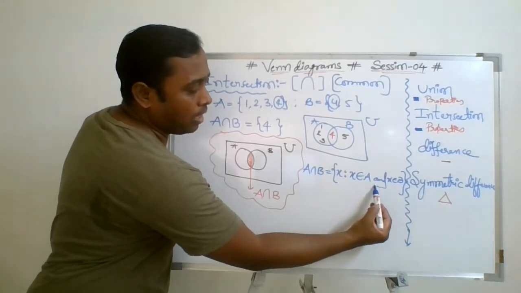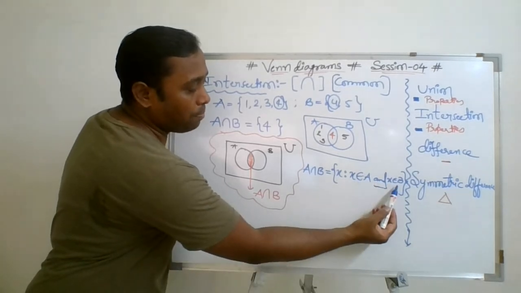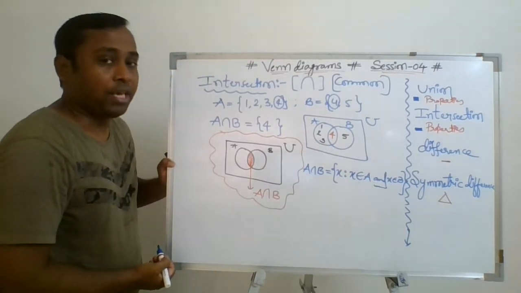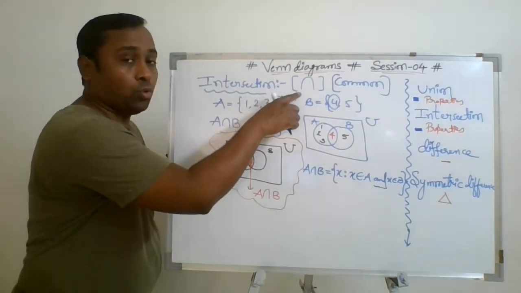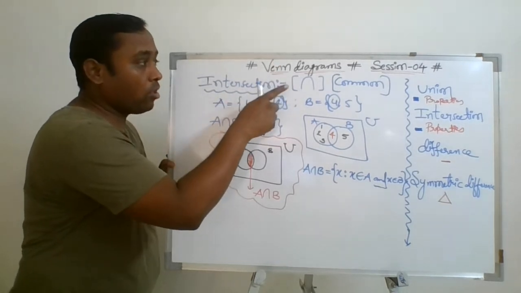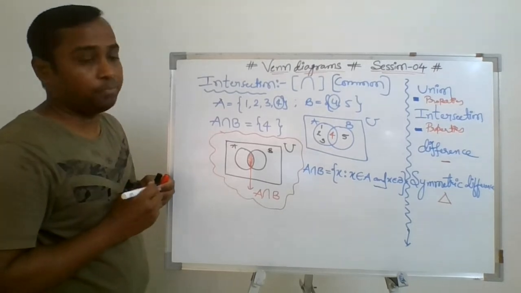I am using the word AND, because whatever elements we take in A that are also in B, that is why it's called A intersection B. The symbol used is exactly the vertically inverted union symbol.